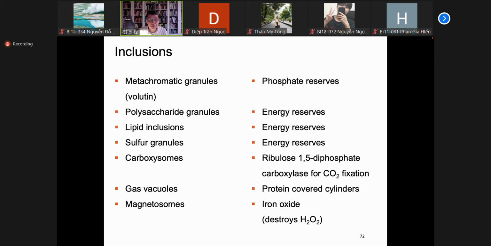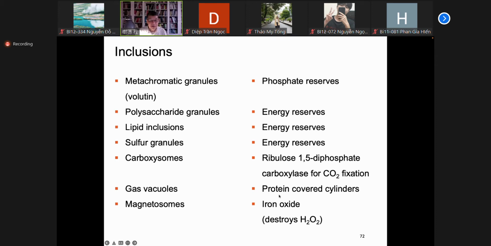That is, it may store a sulfur granule or lipid in the periplasm. So when they need it, they will send proteins, enzymes outside to digest it or to bring it into the cell for the usage.